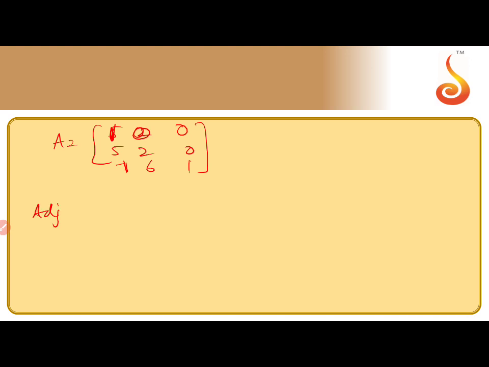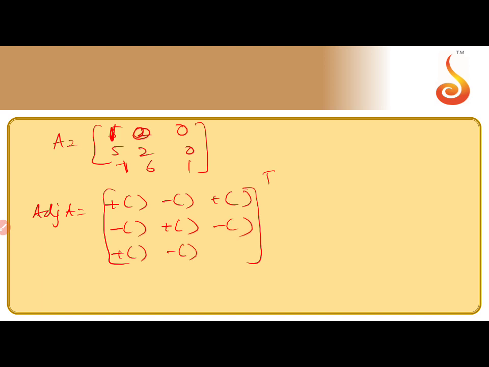So for adjoint A, you can take each element's cofactor and take the transpose. You know this method of finding the transpose of a matrix. Each element's cofactor you can calculate.